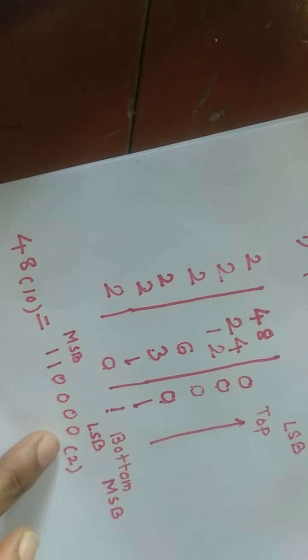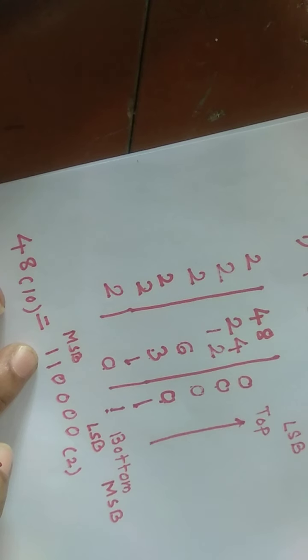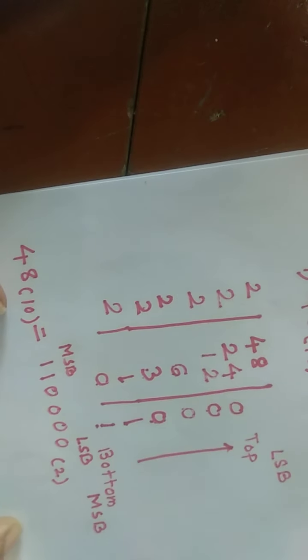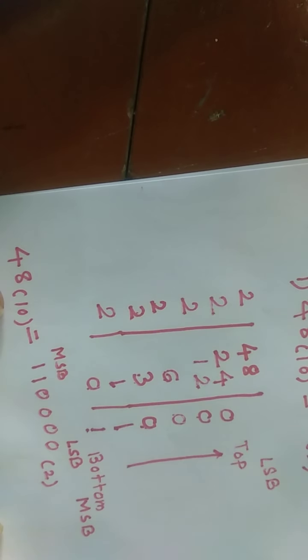That means the rightmost bit will be the LSB and the leftmost bit will be the MSB of the binary number. This is called the double dabble conversion of a decimal number to a binary number.